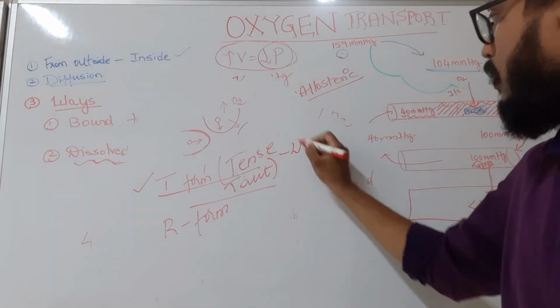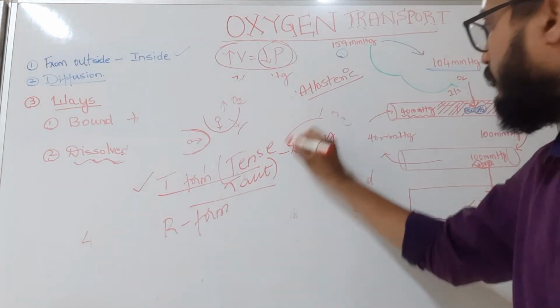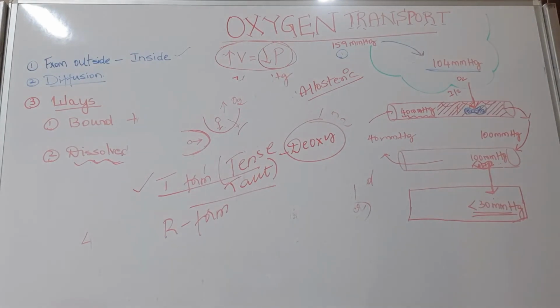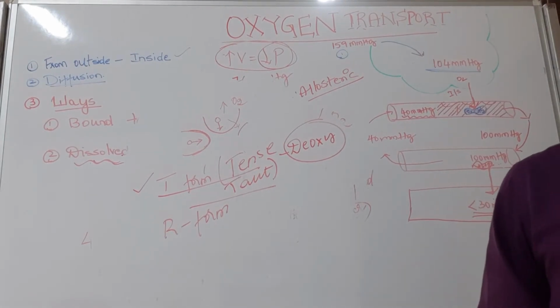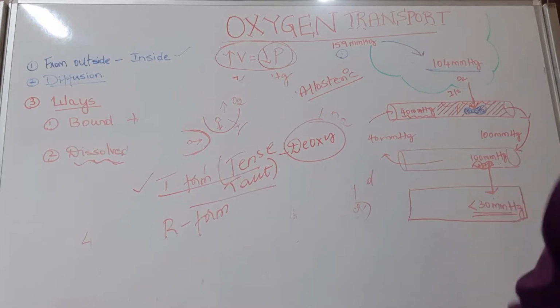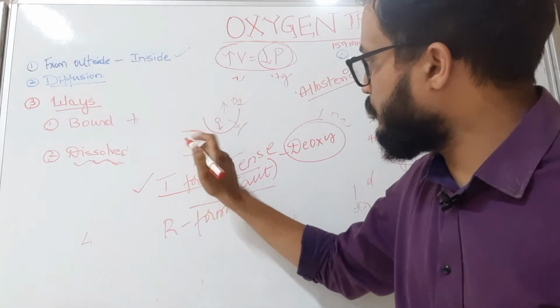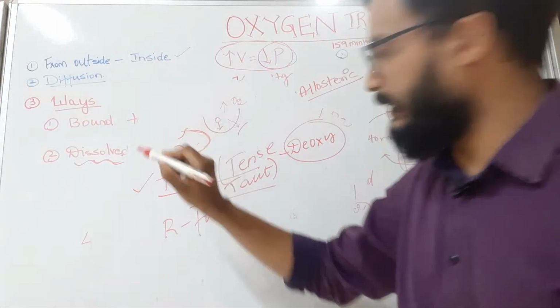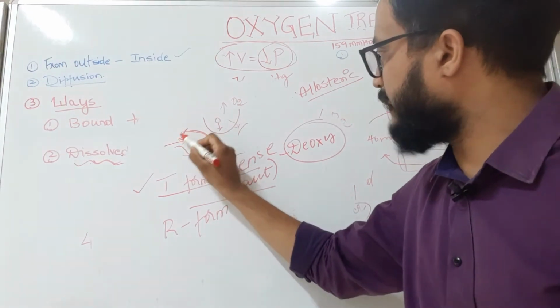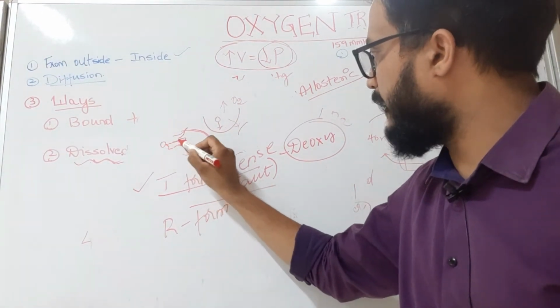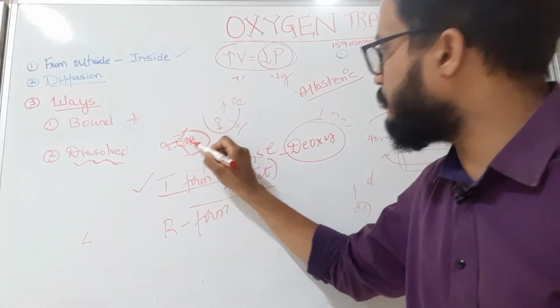It is the deoxyhemoglobin, which is not attached with oxygen. Here, the oxygen attachment is made difficult. The space here is tighter, so that oxygen cannot attach with the iron that is present inside.